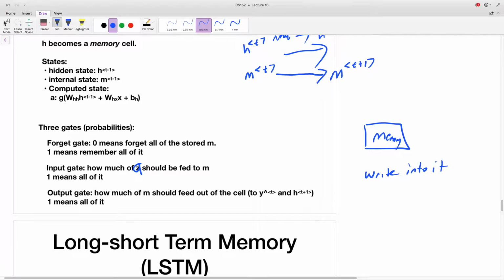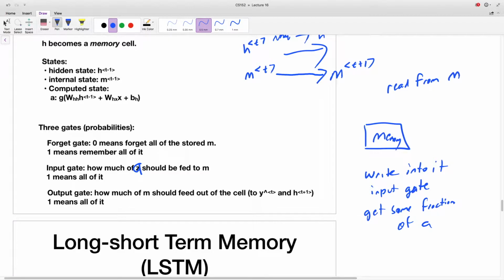What gate controls the writing? Yeah, that's the input gate. And we get some fraction of A, our activation. We can read from the memory.